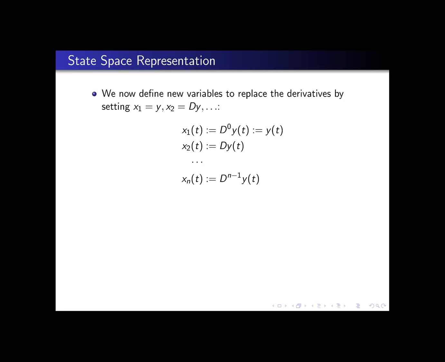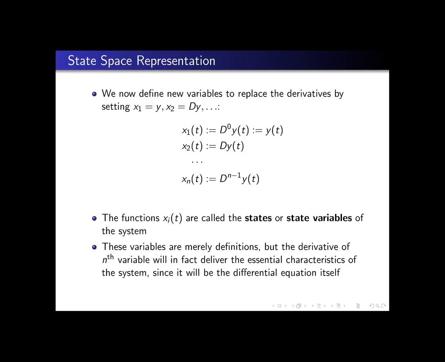Then to get the differential equation, to make use of it, we take the derivative of each of those state variables. These variables are called state variables or states. And putting them together, we'll get a state vector, as we'll see here in a second. Notice that these state variables are merely definitions at the moment. But as soon as we introduce the derivative of the nth variable, then we'll see the differential equation come into play.